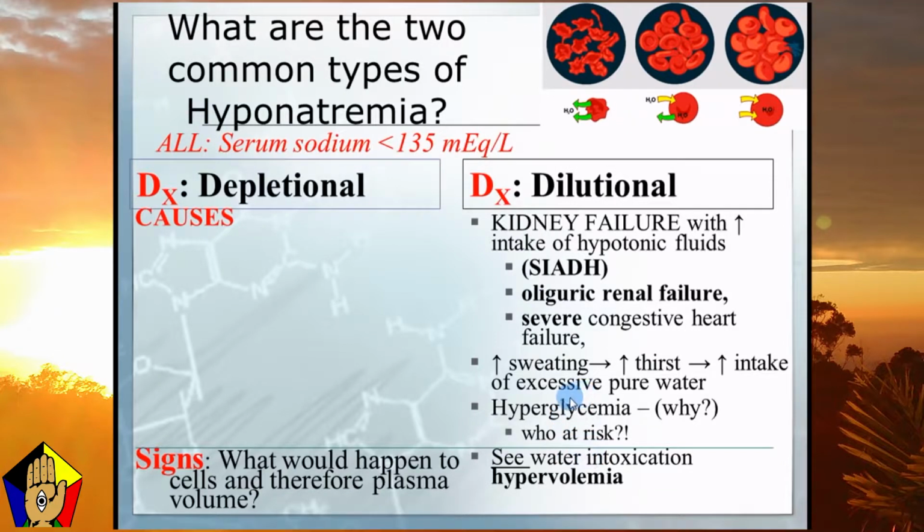So dilutional, one of the signs you're going to see is hypervolemia, too much water, hyponatremia. But with depletional, what you find is that when there's less salt, there's usually less water. So here you see usually hypovolemic symptoms, so a decreased blood plasma. And you can think of this with the pathway in the cells. If you have less salt in the blood and more water, that's a what type of situation?